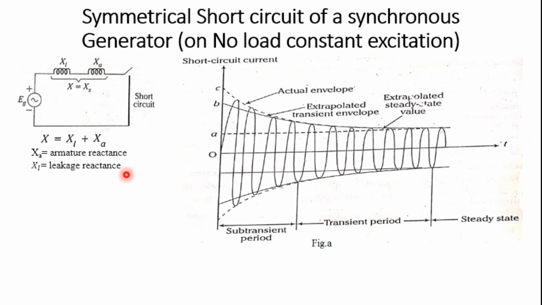So when an alternator suddenly undergoes a short circuit, what happens during this condition is that the armature current changes from a low value to a very high value in all three phases.